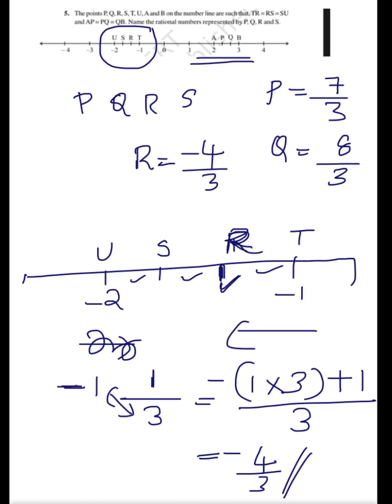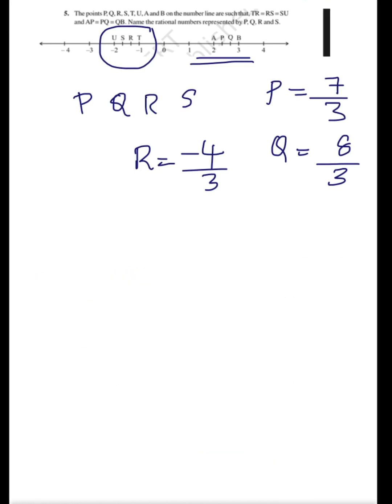Okay, now let's see S. What is the rational number which is represented by point S? For the point S also you can see that it's lying between T and U, which are represented by -1 and -2.